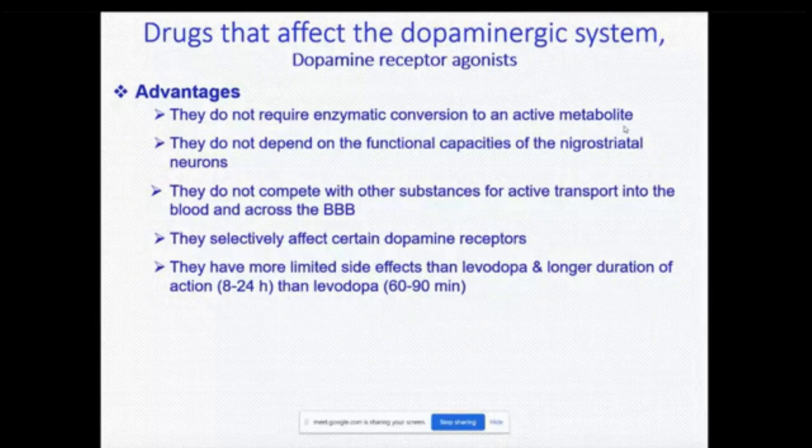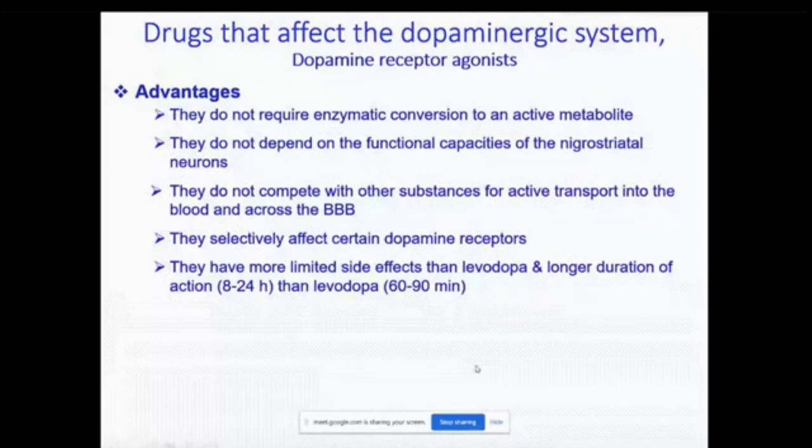So again, maybe it's not clear. Now I'm comparing levodopa with dopamine receptor agonists. Suppose the receptor is down here, and I need to touch and activate this receptor.